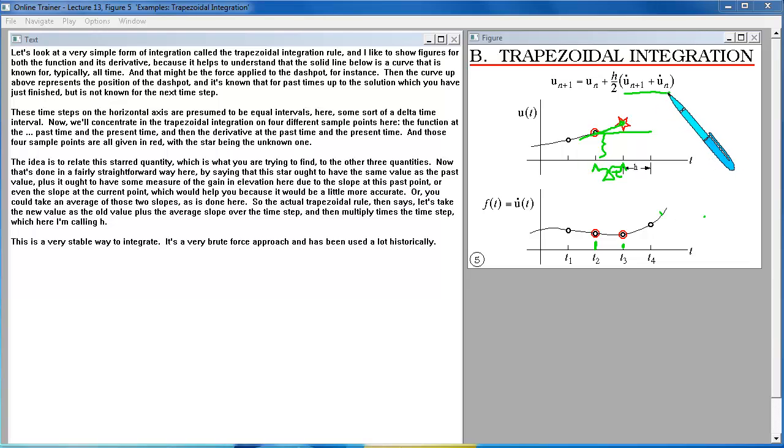So the actual trapezoidal rule then says, let's take the new value as the old value plus the average slope over the time step, and then multiplied times the time step, which here I'm calling h. This is a very stable way to integrate. It's a very brute force approach and has been used a lot historically.